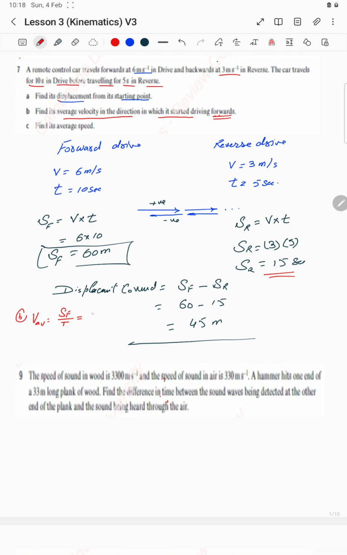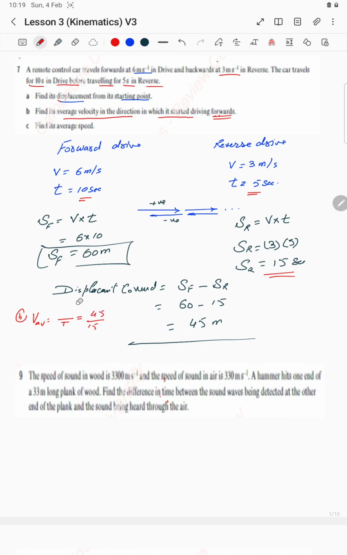The total time was 10 plus 5, so 15. The net displacement in the forward direction was 45.